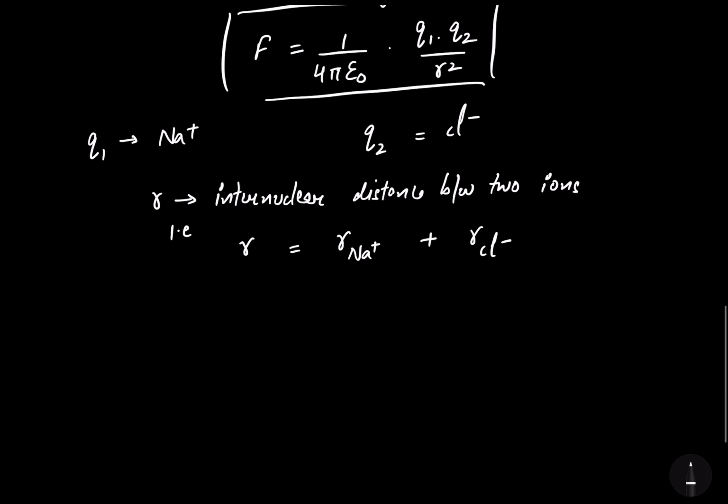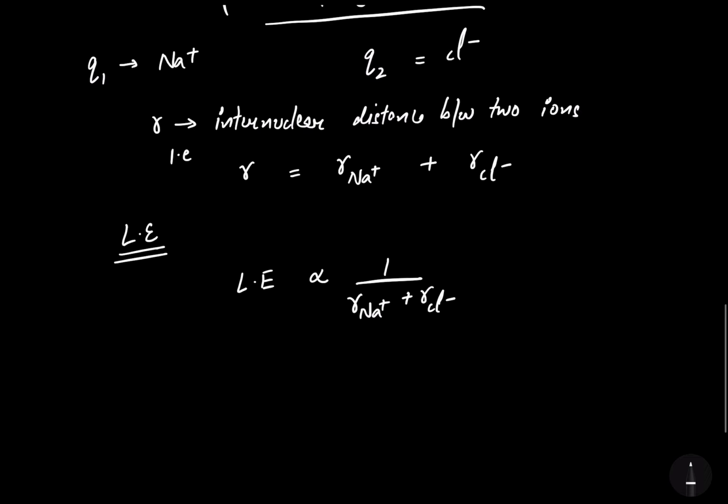Now from this formula, we can easily predict the lattice energy. What is lattice energy? It is the energy released during the formation of 1 mole of lattice. So it's the formation of an ionic bond between the two oppositely charged ions, with the force of attraction. So lattice energy will be inversely proportional to the sum of the radius of Na positive ion and the radius of Cl negative ion.